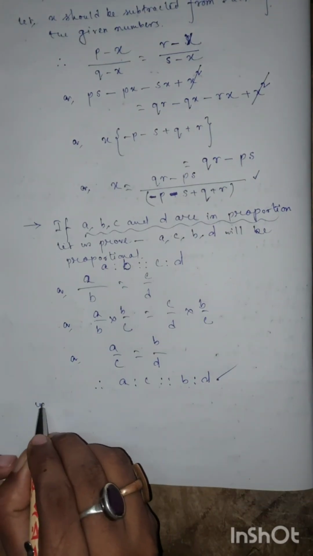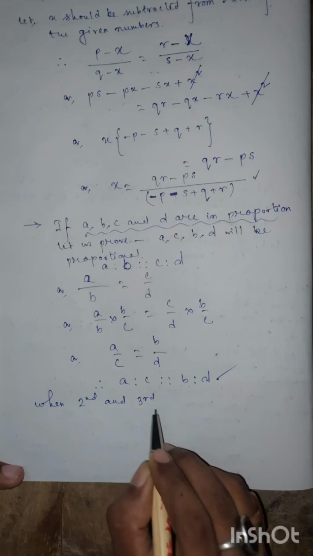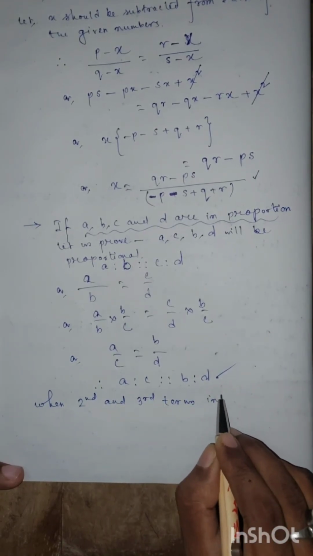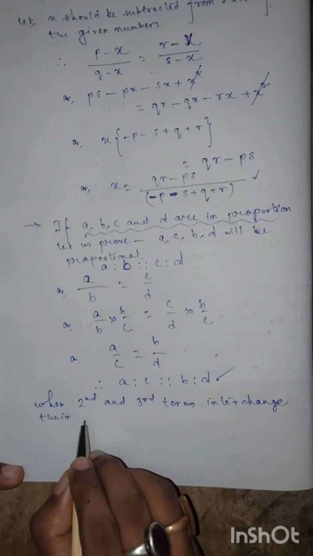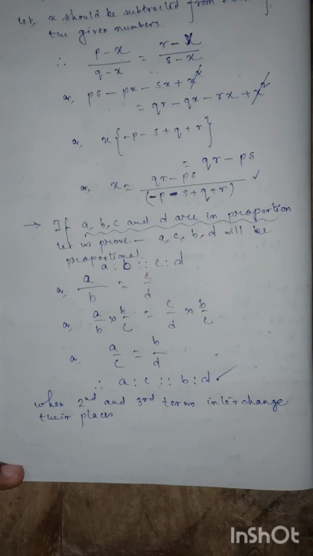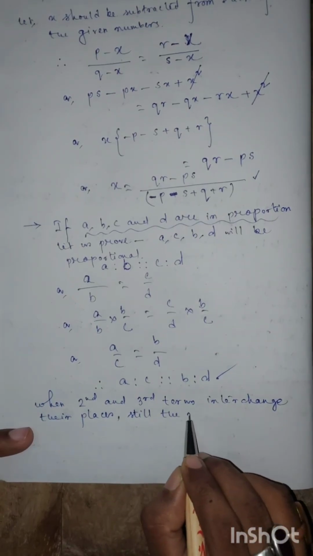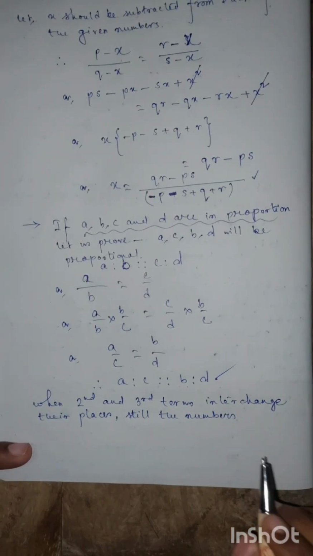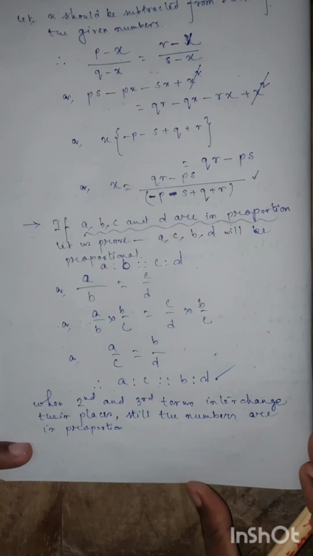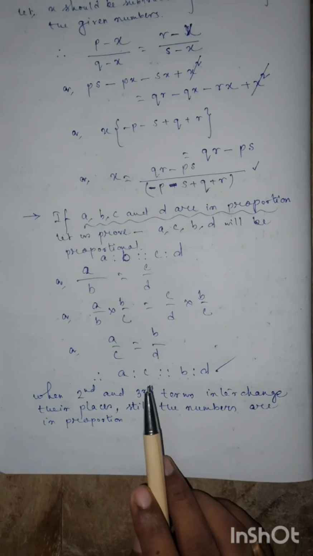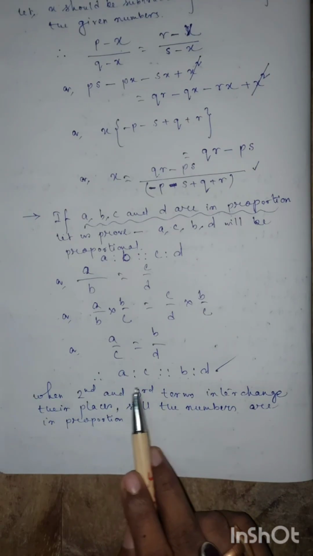So when second and third terms interchange their places, and still the numbers are in proportion, that means A, C, B, D are in proportion.